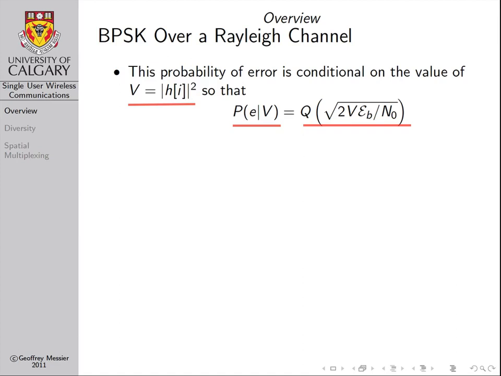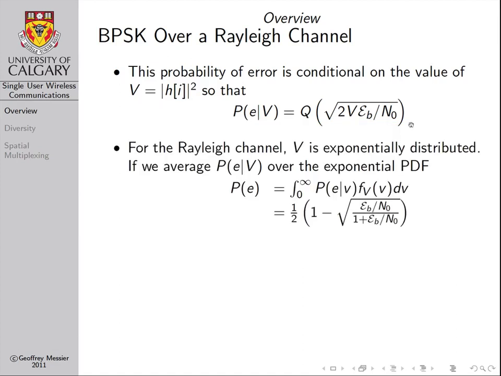Now, in order to get the overall average probability of error, all we do is take this conditional probability of error and average it over the distribution of v. For the Rayleigh faded channel, the magnitude squared of h is going to be exponentially distributed.